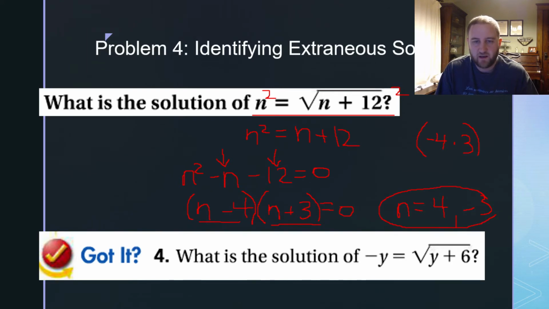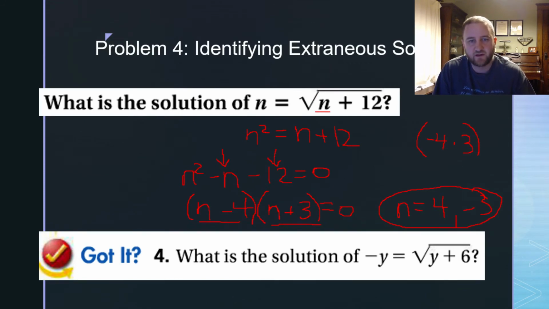Now we want to check for extraneous solutions by plugging these back into the original equation. So first we'll do 4. We want to know if 4 plus 12 is 16. The square root of 16 is 4. Let me erase some of this stuff so it's less confusing. So 4 plus 12 is 16.